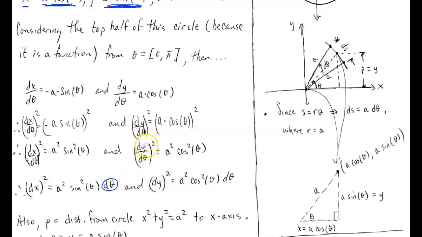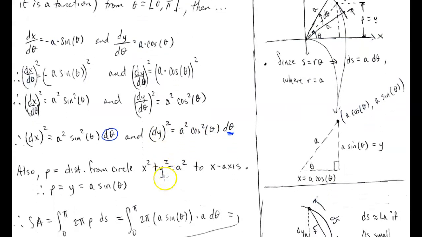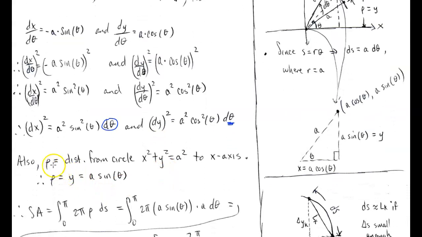And of course, the same thing for the derivative of y with respect to theta, and then we square that result, we still just have a d theta here, okay? So now, if we realize that this rho, which we defined as the distance from this circle to the x-axis, is essentially going to be the y-coordinate for a point on the unit circle.